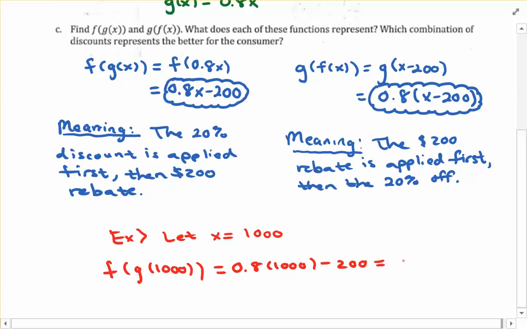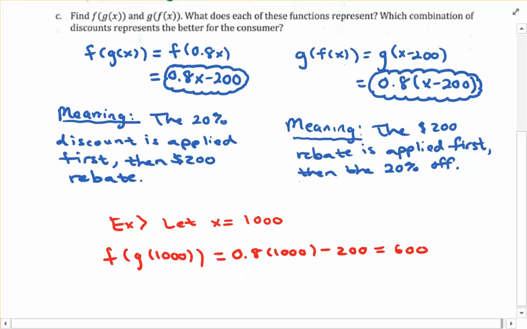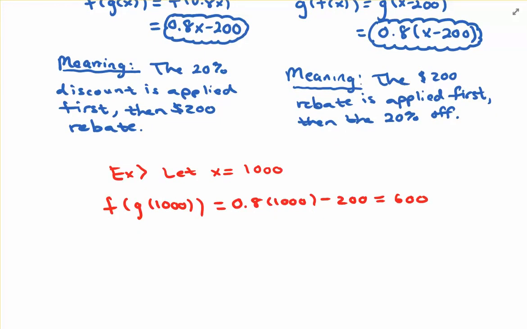This actually works out to be 600. All right, because 0.8 times 1,000 is 800, minus 200 is obviously 600. All right, so that's the price you would be paying after that combination of discounts in that specific order for a computer that's originally $1,000.